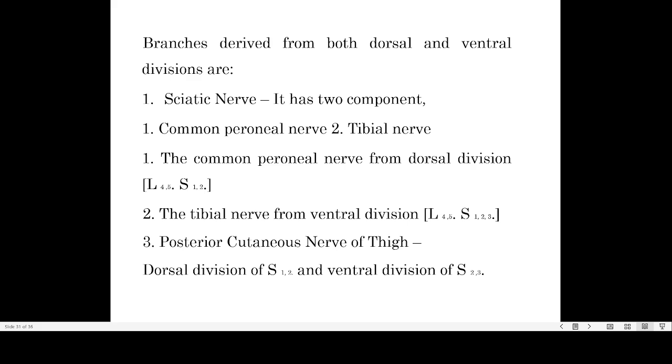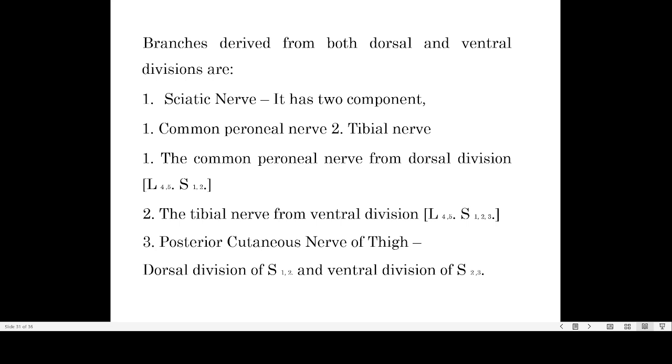The common peroneal nerve is formed by the dorsal division of L4, L5, S1, S2, and the tibial nerve is from the ventral division of L4, L5, S1, S2, S3.